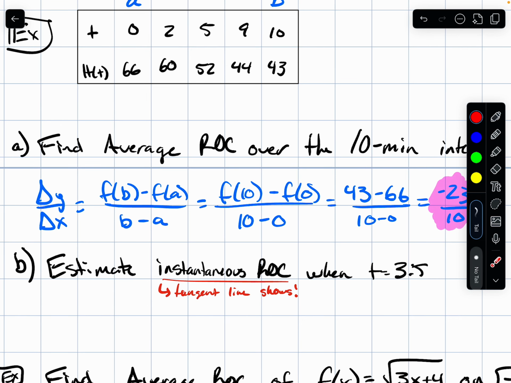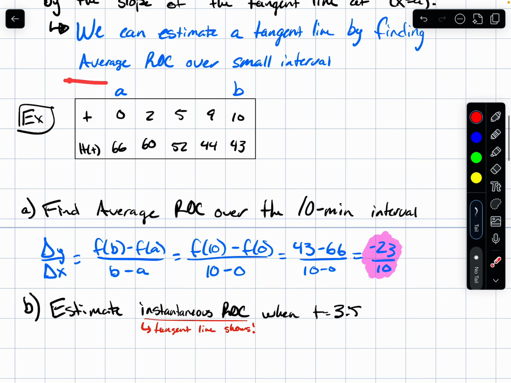As this blue text tells me, I'm going to find the average rate of change. So I'm still going to use this formula over a small interval. The smallest interval surrounding 3.5 would be from 2 to 5. So I'm going to do f of 5 minus f of 2 over 5 minus 2. I'm finding the average rate of change over this tiny little interval here.